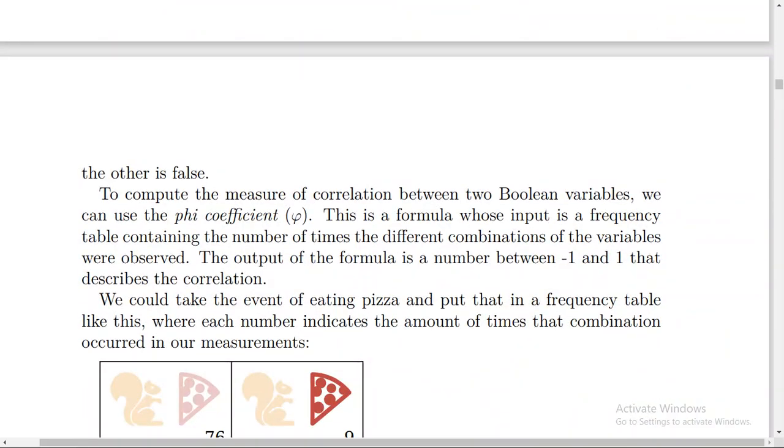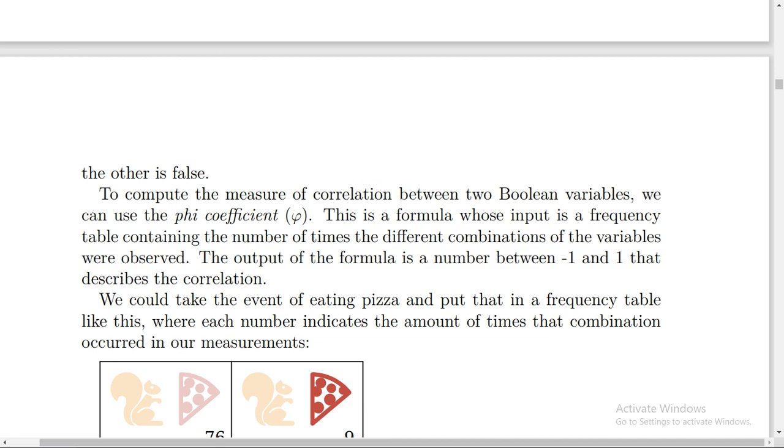To compute the measure of correlation between two Boolean variables, we can use the phi coefficient. This is a formula whose input is a frequency table containing the number of times the different combinations of the variables were observed, and the output of the formula is a number between -1 and 1 that describes the correlation.